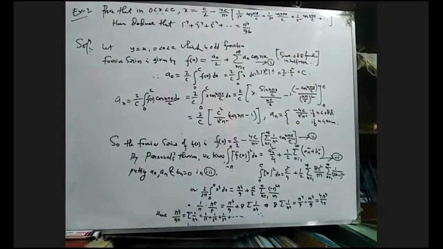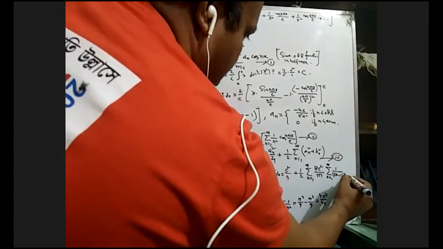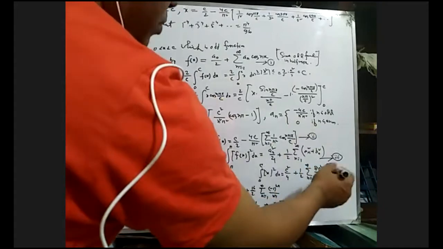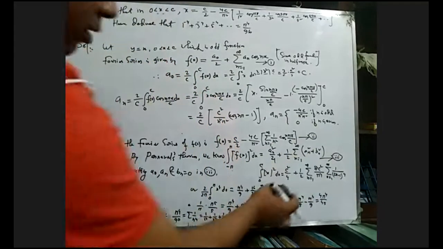For every n, we get an odd number. Here n square, so n square whole square means n to the power 4. For every even, we get 0. This is why we omit these values. We get only the odd series for this.